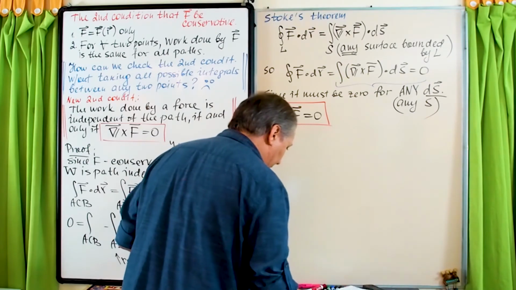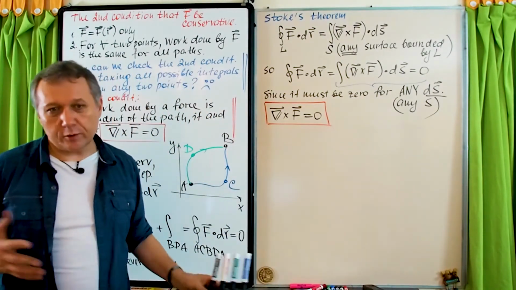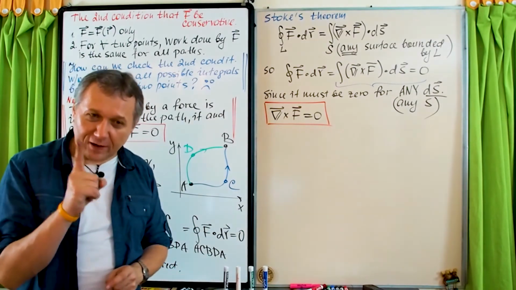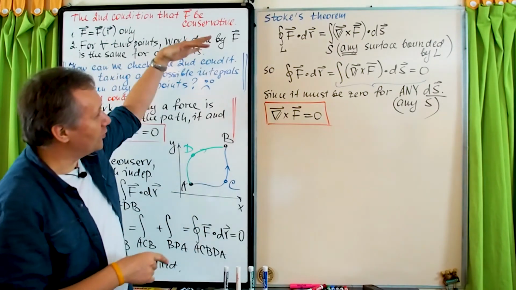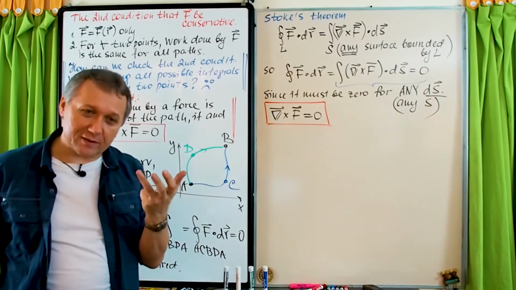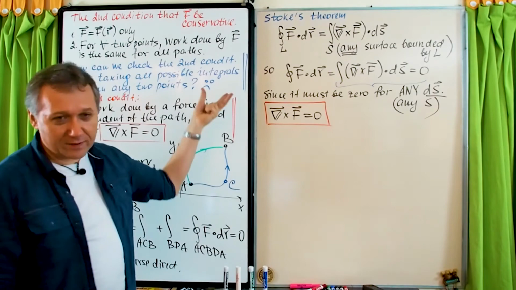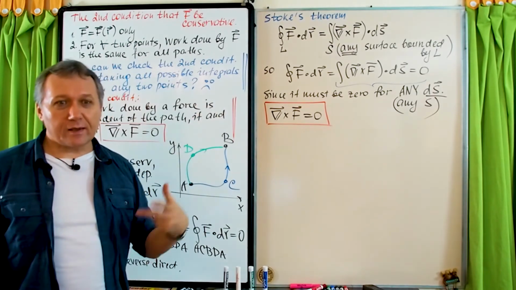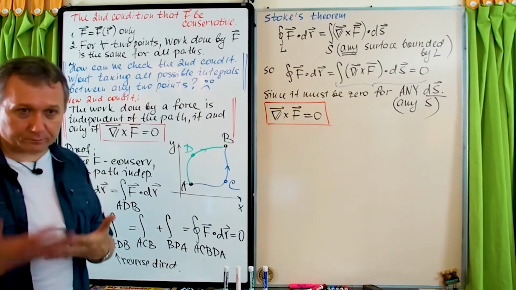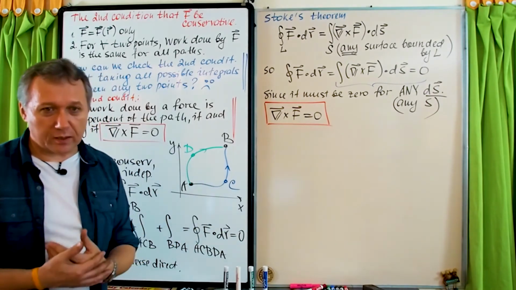Okay, so now after this we will start looking at examples, because now we know everything about how to deal with potential energy. We know how to find it. No, first, before you can find potential energy, you need to check if your force is conservative. First step, check the force. If the force is conservative, the second step, finding the potential energy, right? And the last step, checking if your potential energy can lead back to your force.